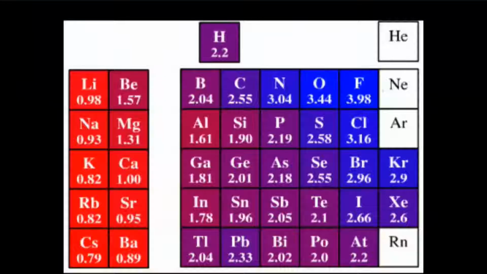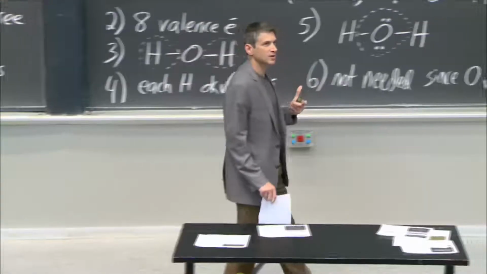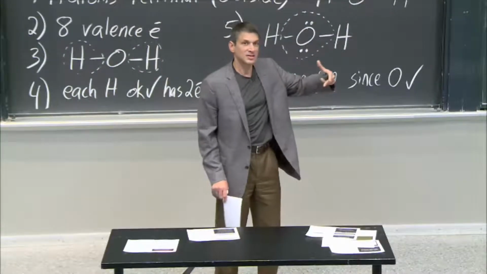He arbitrarily set fluorine to 4, and hydrogen at first 1.2, now it's 2.1, now it's 2.2. But basically, this is just some of the elements of the periodic table, and these are their electronegativities, okay? You don't need to worry about how this scale was developed quantitatively. There are actually many electronegativity scales.